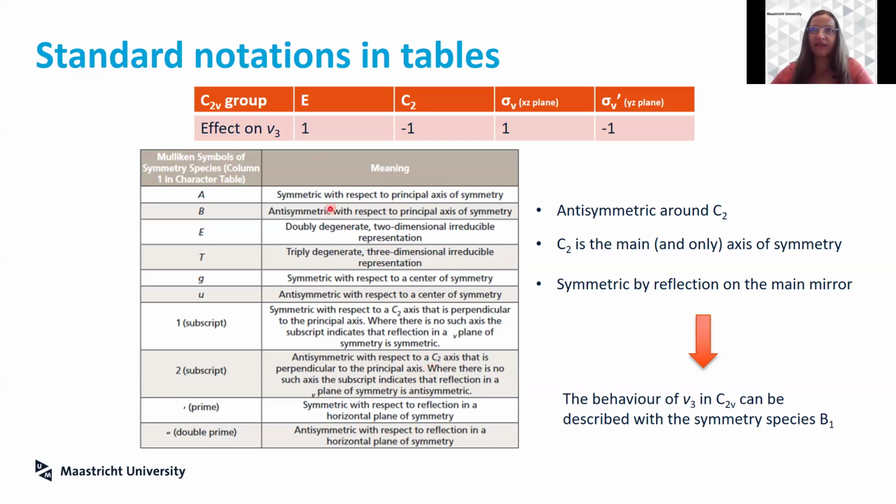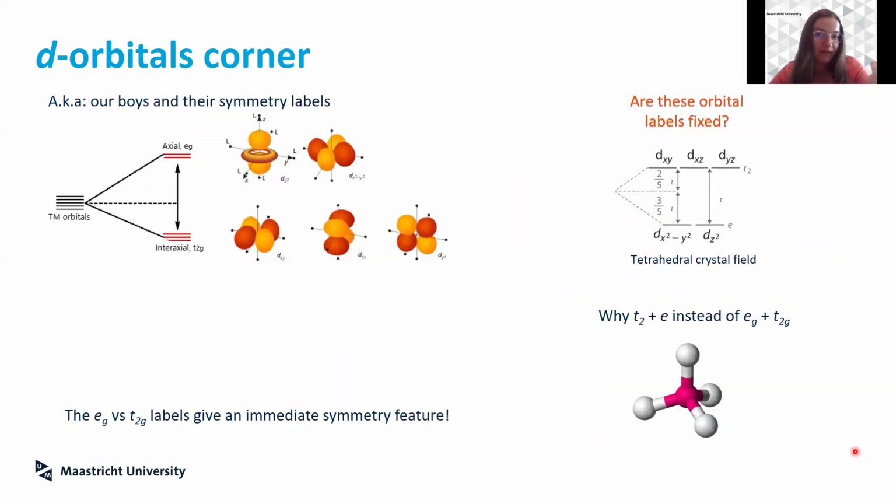So this antisymmetric with respect to the principal axis of symmetry is the B, and there is nothing that goes perpendicular. There is nothing else. So this is telling you all of these features by nature of telling you B1. What do I mean? I mean this. You know it because the definition is this. So whatever behaves in the same way behaves like B1. This is how you build it in the table.